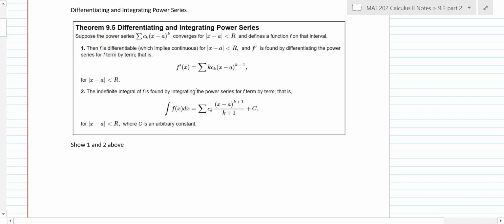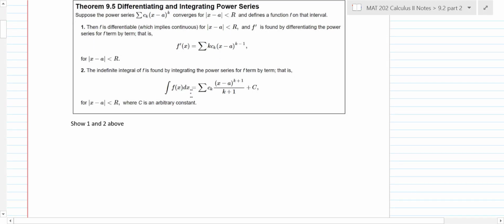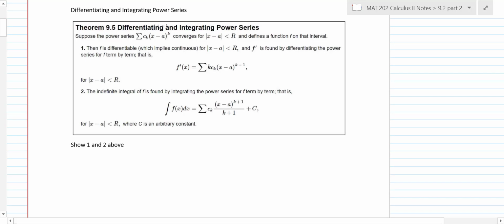You can also integrate a power series and get a new series built on that, because when you differentiate a function, you get a new function. So if you differentiate term by term in the series, you get a new series. The idea is this is a general power series right here centered at a. So we say we have a center at a.